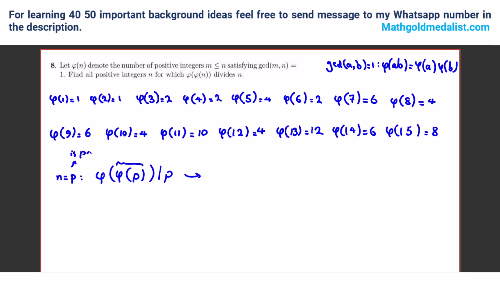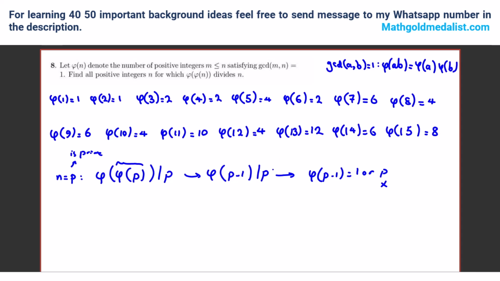It won't divide, because phi of p, p minus 1, is less than p, so it would have to be 1. Exactly. So why is it not 1?